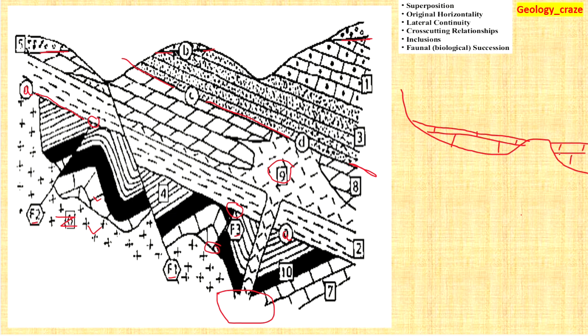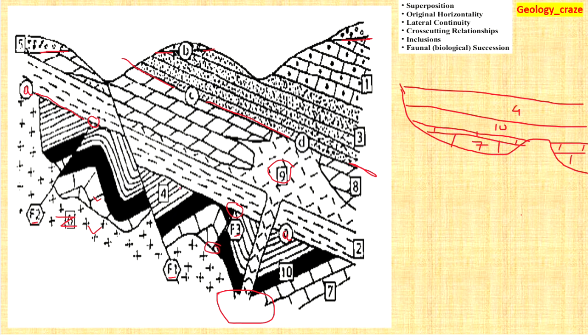From the limestone there is a black pad. It has some numbering: this one is 7, this one is 10, and we are getting one more layer numbered as 4.